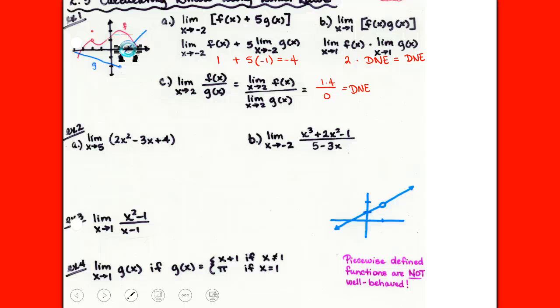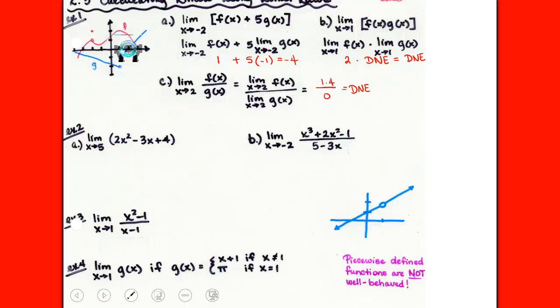Number 8 says the limit of x as x approaches a will just be a. Bottom line, what they're telling you there is that you can just use direct substitution. You can just plug in, and the answer that you get will be your limit. We called that in section 2.2 a limit like that. We called it well-behaved. Another name for that is continuous.